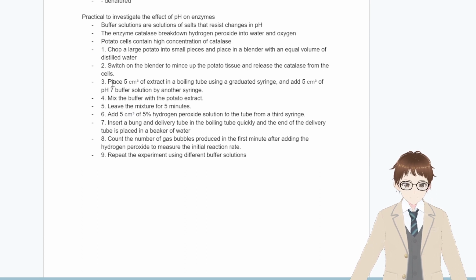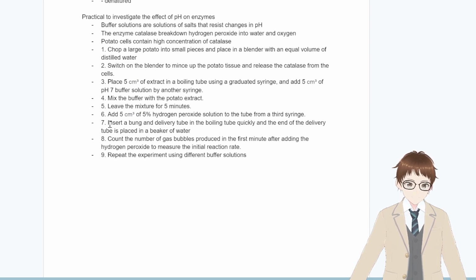After that, place 5 cm³ of extract in a boiling tube using a graduated syringe and add 5 cm³ of pH 7 buffer solution with another syringe. Next, mix the buffer solution with the potato extract. Then leave the mixture for 5 minutes.